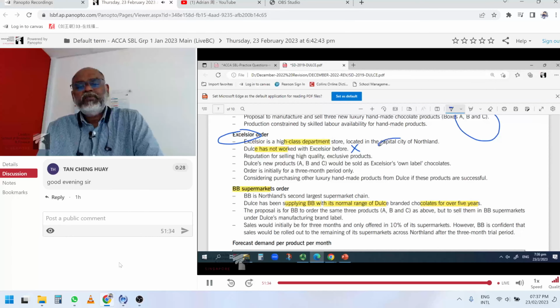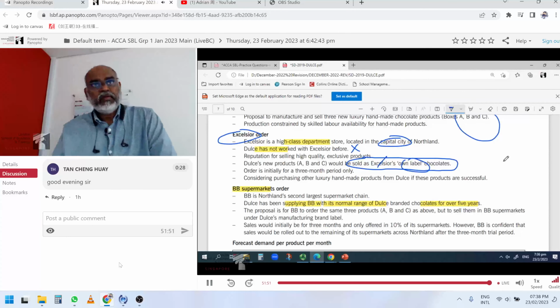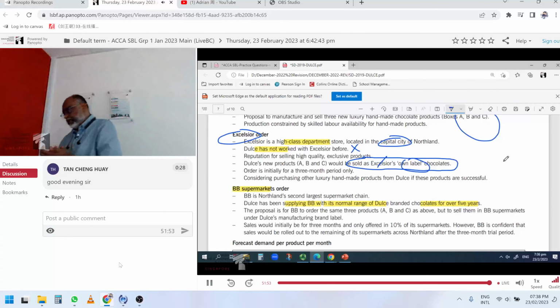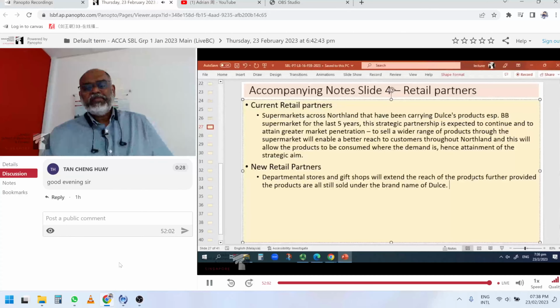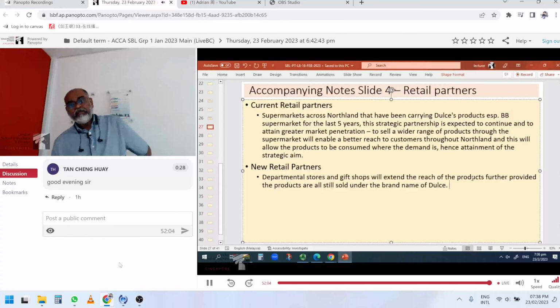Excelsior is the department store located in the capital city. We have not worked with them, but they have a reputation for selling high quality. The problem is we sell the product A, B and C, it will be sold under Excelsior's own label chocolate. That means what? You must sell it as Excelsior brand, right or not? But if you sell it as Excelsior brand, will customers know that this is Dulce product? They may not know, right or not? Okay. So that's why you say it must be sold under the own brand name label.